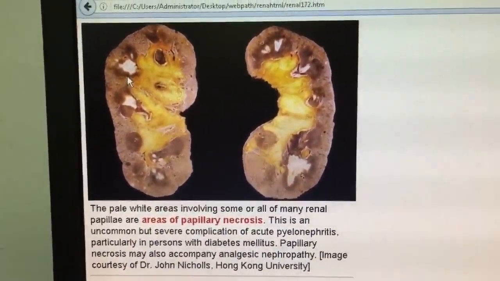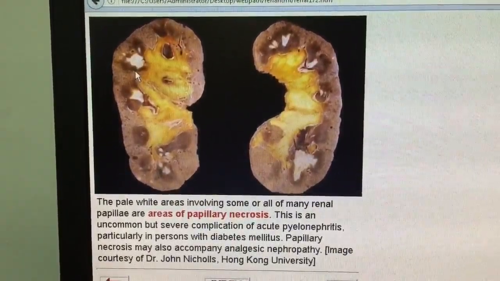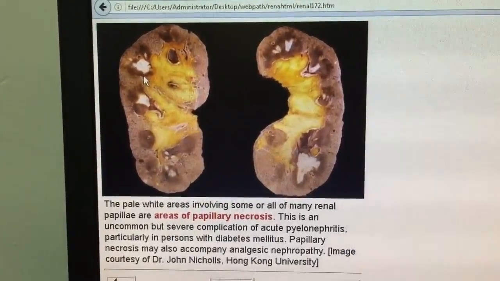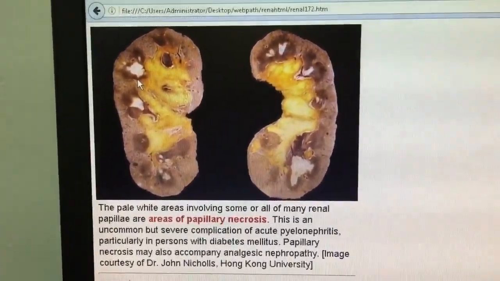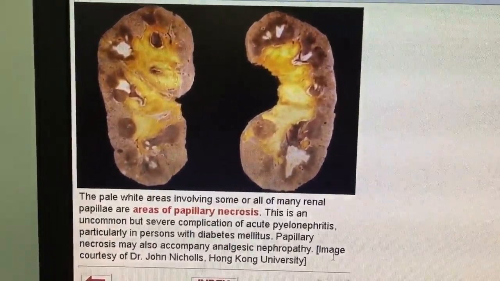It is one of the complications of acute pyelonephritis, and it might be associated, especially in patients with diabetes mellitus. Also, papillary necrosis may occur as a side effect of analgesic drugs.